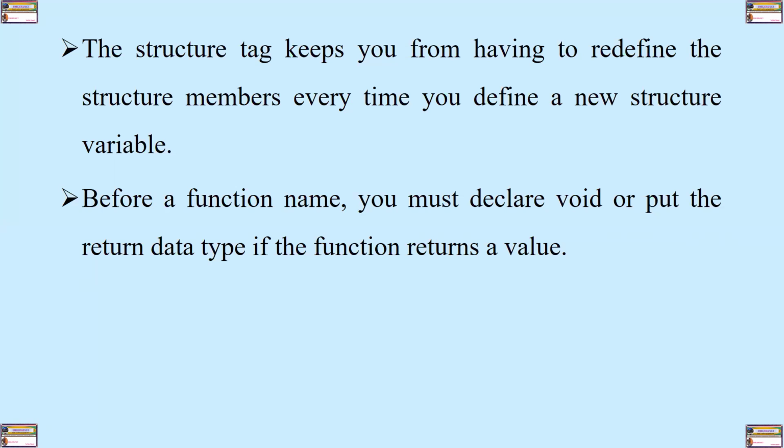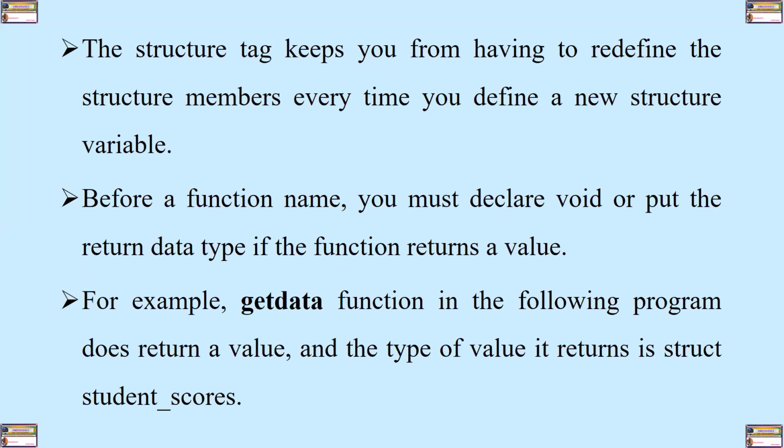Before a function name, you must declare the return type. If it's not returning any value, you use the return type void. But if it is returning a value, ensure you indicate the data type of the value that the function will return. For example, if you have a function called getData in the following program, and it returns a value, then that value will be a struct value.